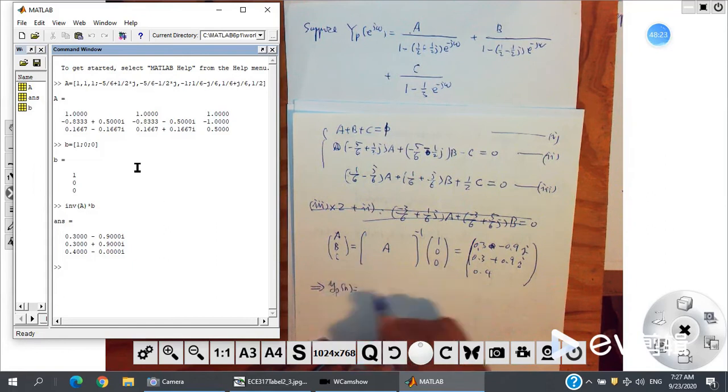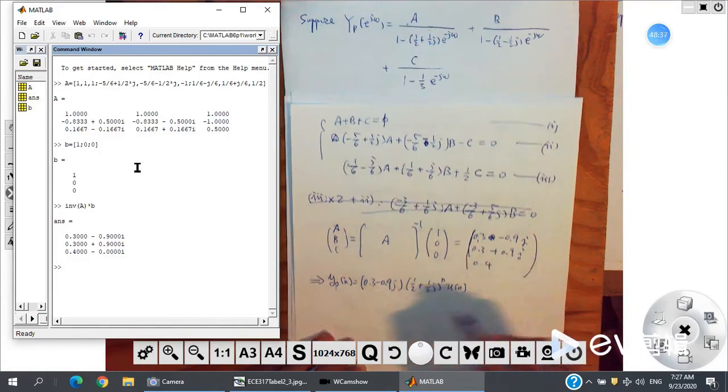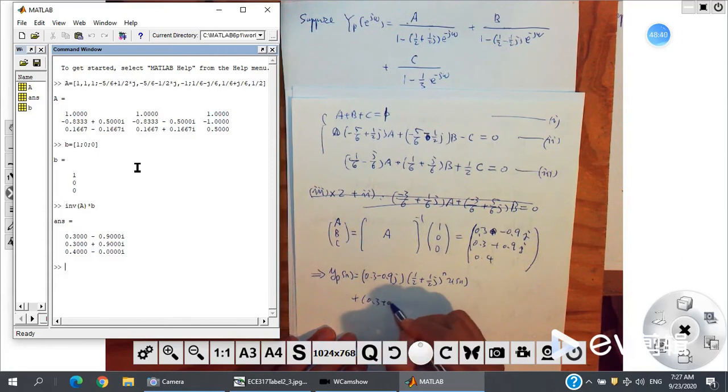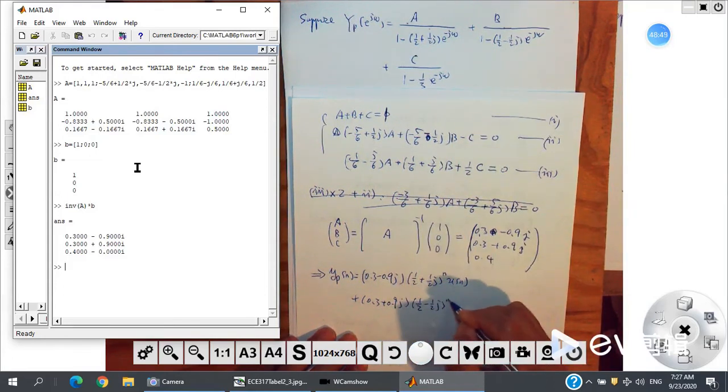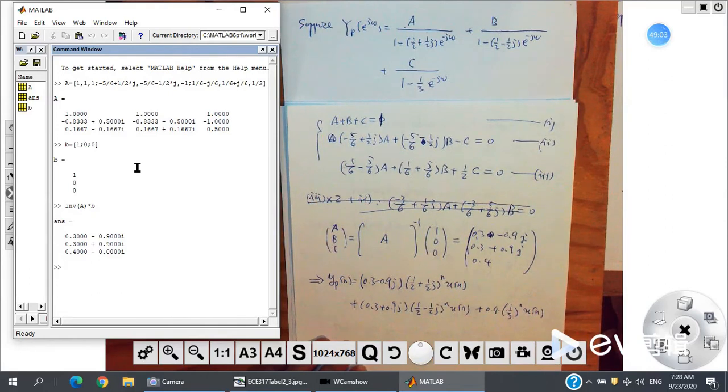That will be A is 0.3 minus 0.9 J times the power of 1/2 plus 1/2 J to the n u of n, and B is 0.3 plus 0.9 J times 1/2 minus 1/2 J to the n u of n, and the last term is 0.4 times 1/3 to the n u of n. Okay, so this is the particular solution.